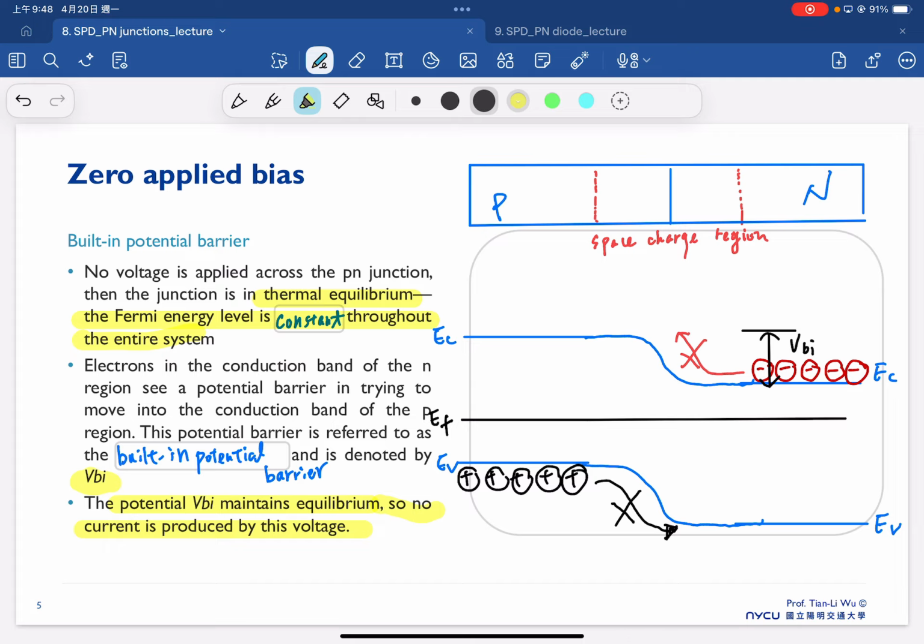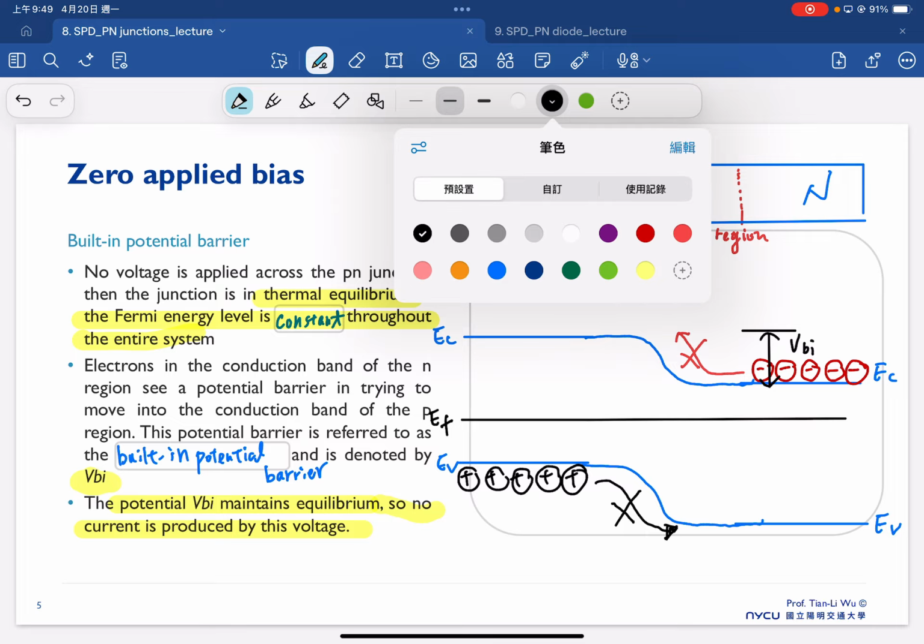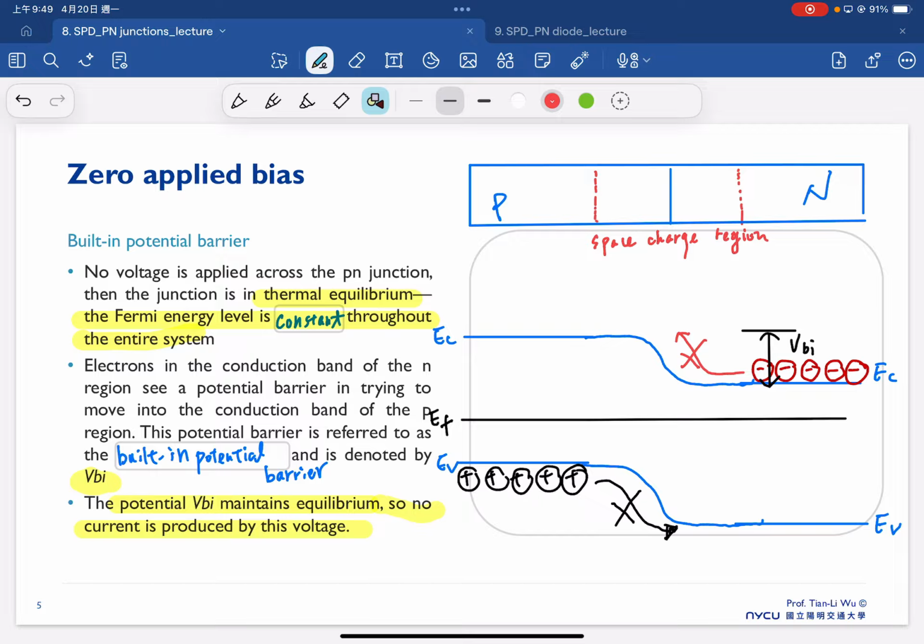And also, as we previously mentioned, in the band diagram we are interested in the conduction band, valence band, Fermi energy, but also there's one more that we are interested in, the intrinsic Fermi energy, which is EFI. The intrinsic Fermi energy will be almost in the middle between EC and EV.